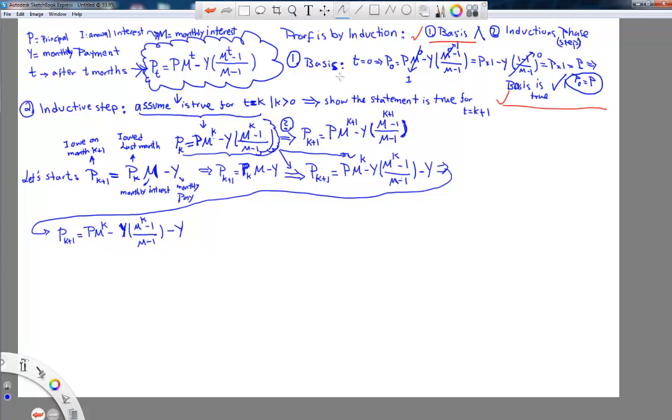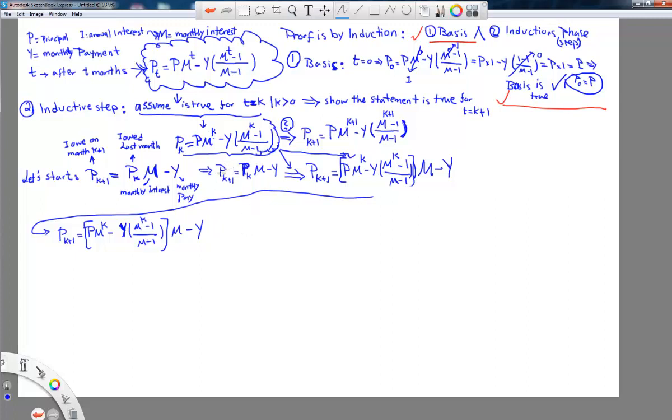I forgot to multiply this by m. This is times m, minus y. That was what I was missing. I was wondering if there was some huge chunk missing here. It's because when I substituted P sub k, I forgot to multiply it by m. So the whole thing is multiplied by m. Awesome, this looks much more like it.